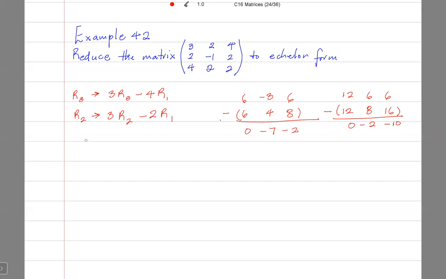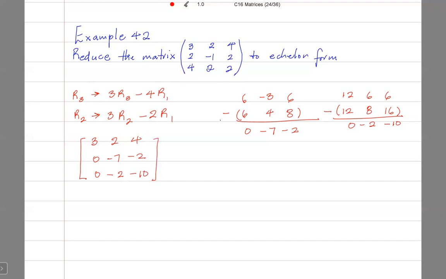So based on what we have done so far, we should be at this point. Row 2 is 0, minus 7, minus 2. And this is 0, minus 2, and then minus 10.